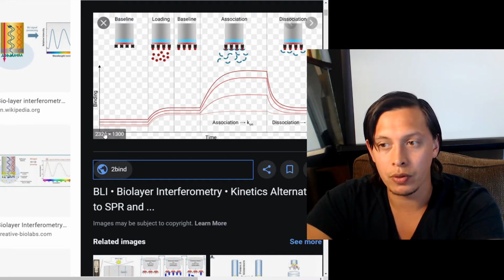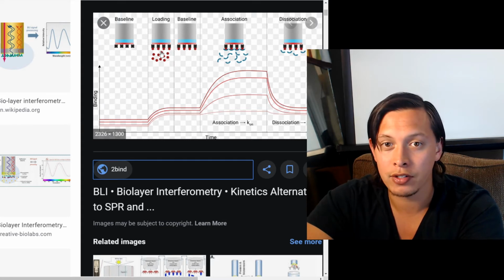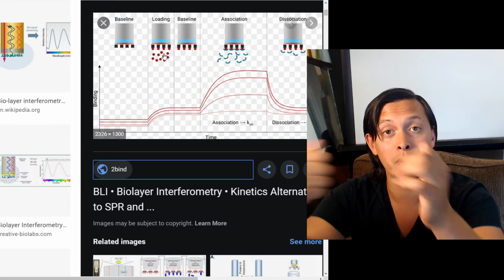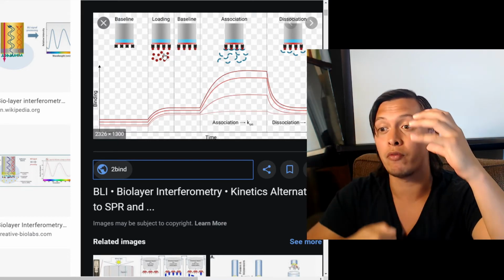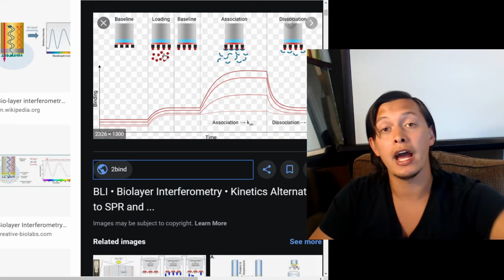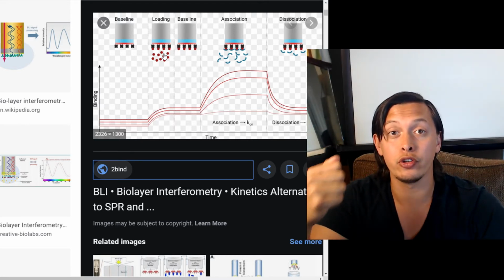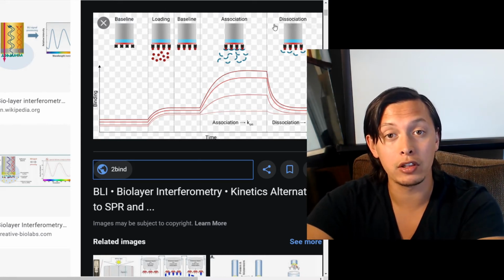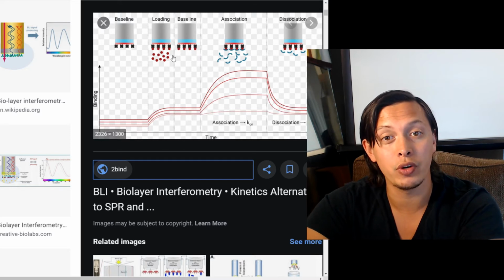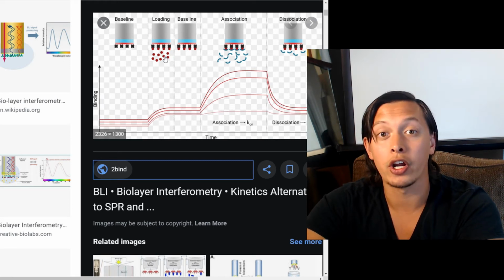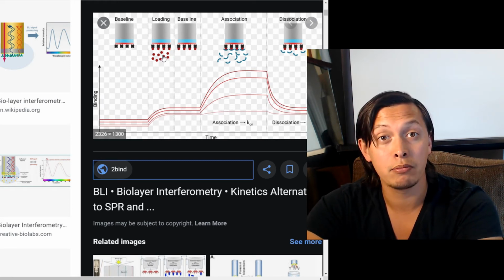What we do is we first connect one of the molecules that we want to test. So remember, we want to know the affinity. So we'll have one of the molecules connected to the membrane, and then we are going to add a solution with the other part afterwards. So here we load it, and in this case we are going to load our machine with the spike protein binding domains.